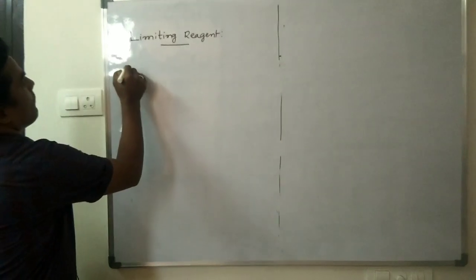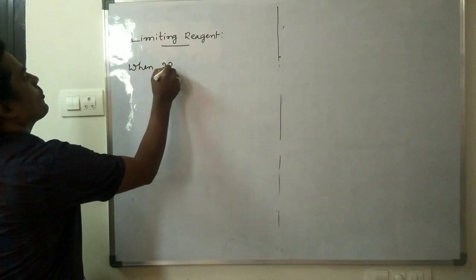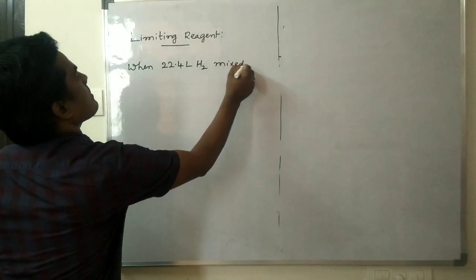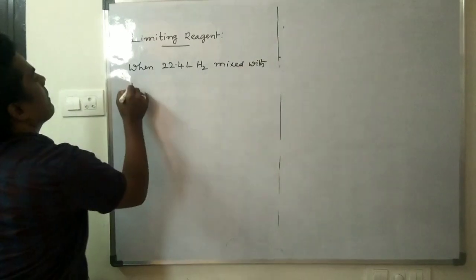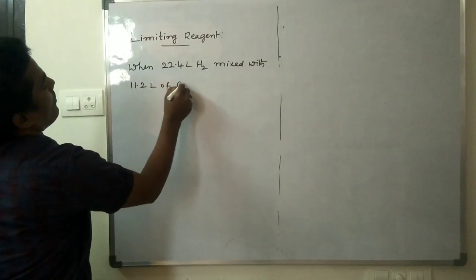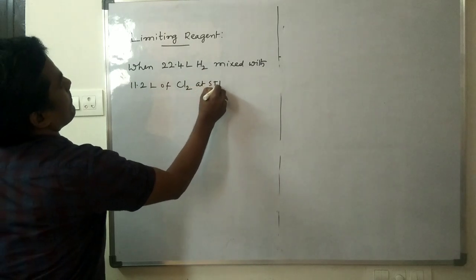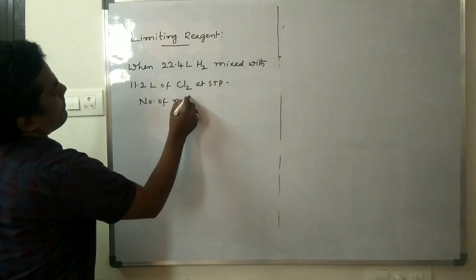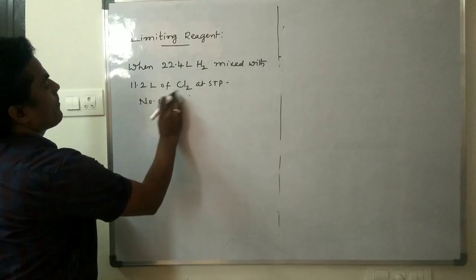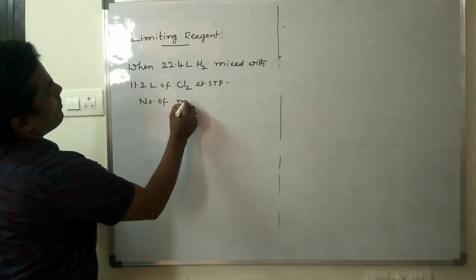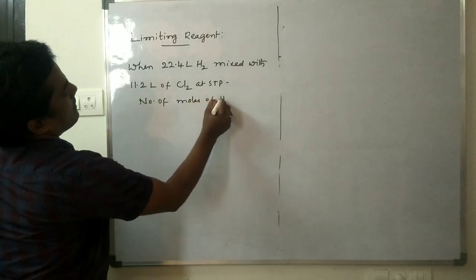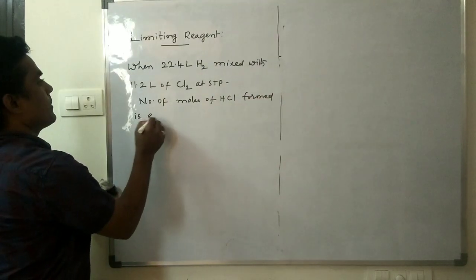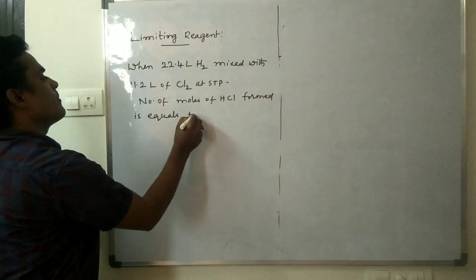When 22.4 liters of hydrogen is mixed with 11.2 liters of chlorine at STP, the number of moles of HCl formed is equal to what?